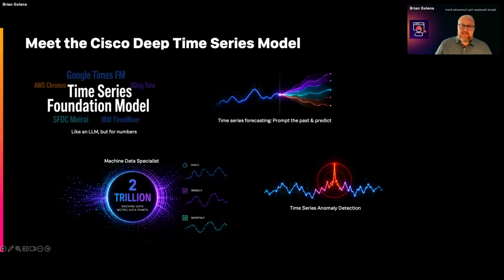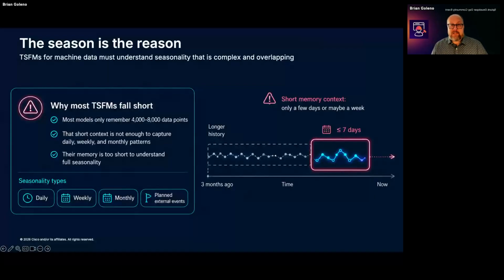Another thing that makes this model specific for machine data is its support for seasonality. Here I say the season is the reason, right? Our services that we deploy out to either end consumers or internal enterprise organizations typically have some level of seasonality to it, right?